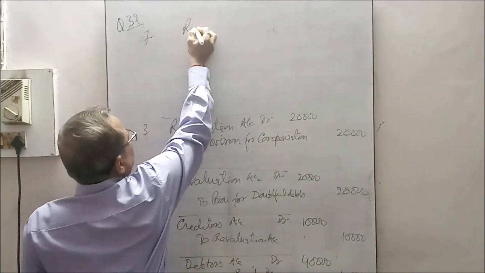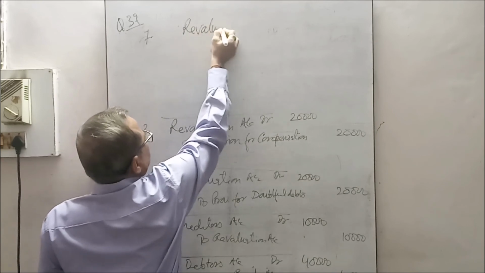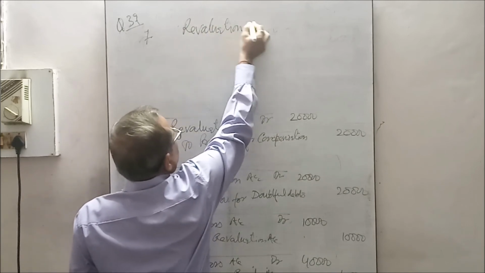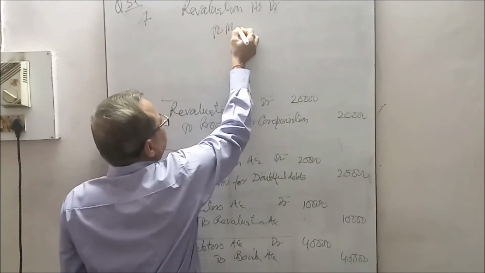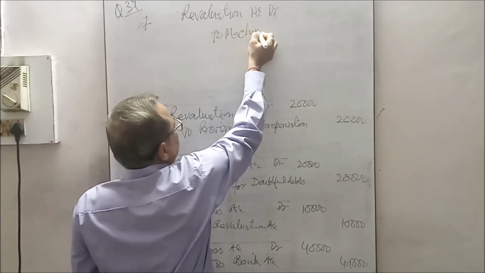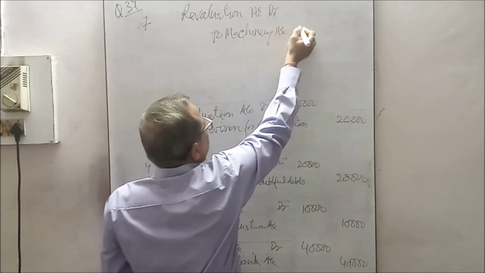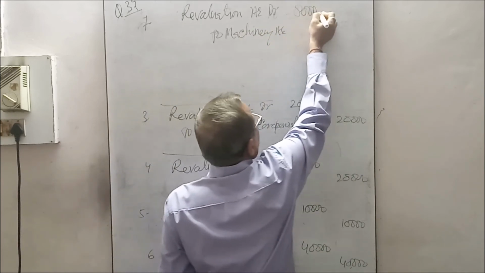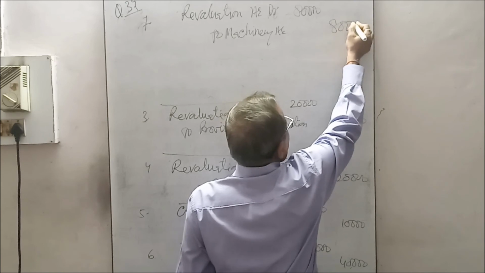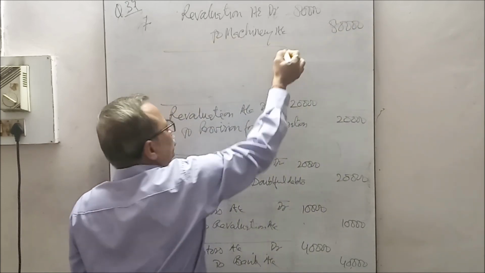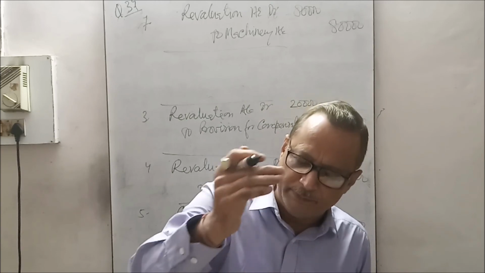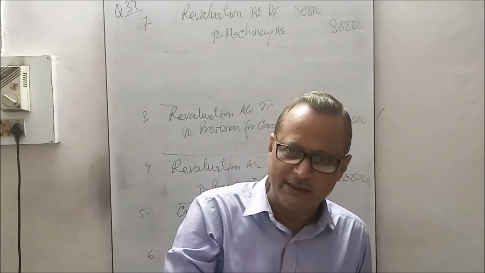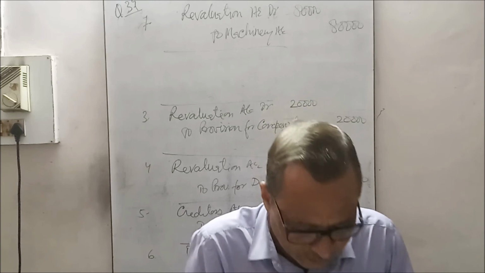Revaluation account debit to machinery, 80,000, because it is written to 120. From 2 lakhs it should be brought to 1,20,000, meaning 80,000 is to be reduced.